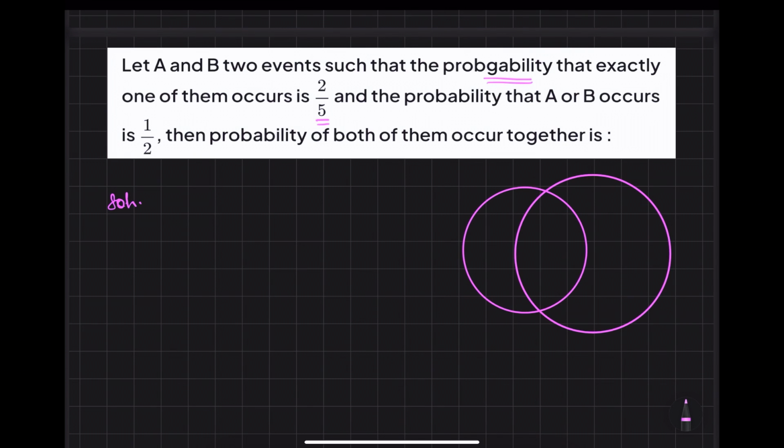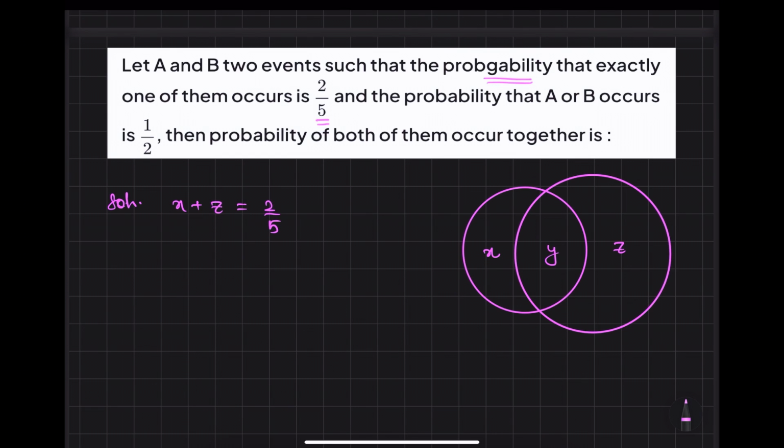Suppose this is x, this is y, this is z. What is the probability of the occurrence of exactly one of the events? This means we have to focus on x and z. So x plus z is 2 by 5.